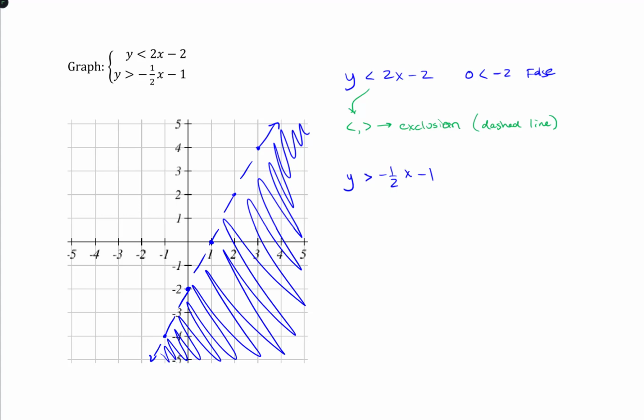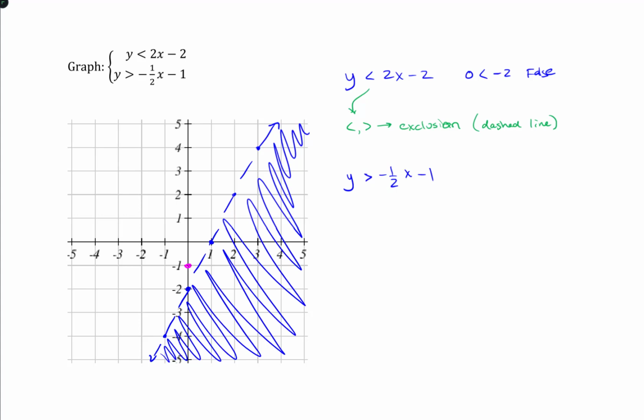And in order to work this, what we need to do is start like we did the other one and graph it as a line. So I'm going to use a different color so you can see it easier. But then let's see, if I have a y-intercept of negative 1, that's going to be here, then a slope of negative 1 half.